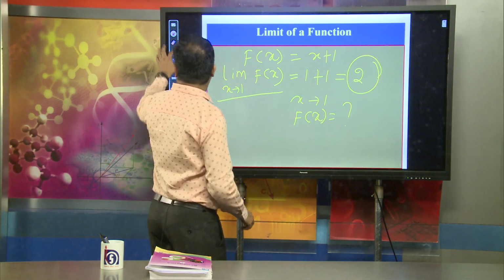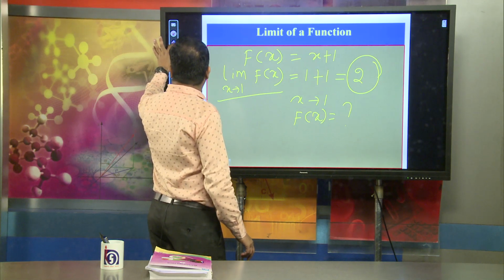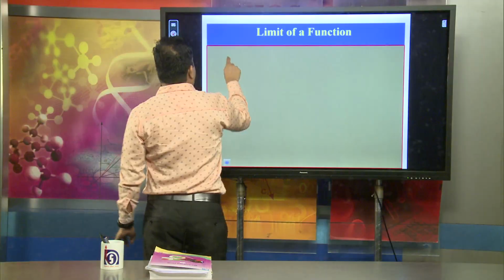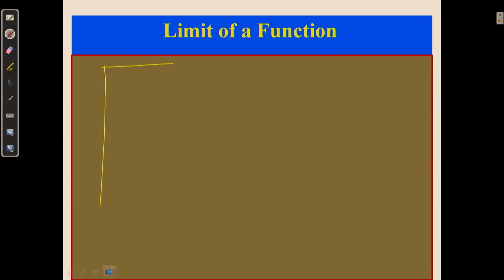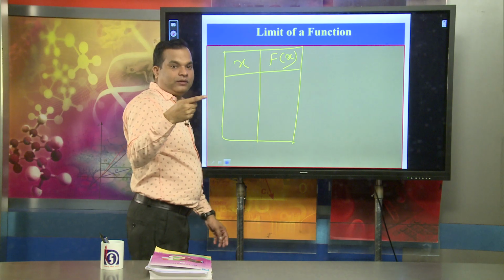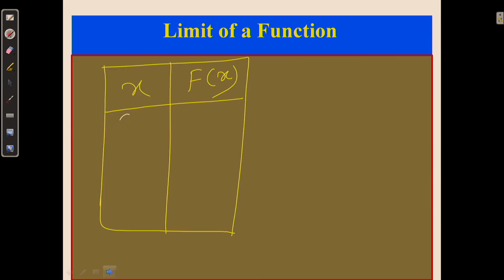Suppose I write a table like this, with x and f of x. Suppose I take x values near to 1, suppose 0.9.